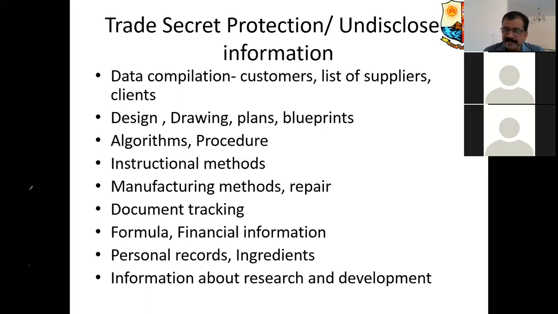It need not be registered. Of course, it can be registered as well. What are these trade secrets? Trade secrets are normally maintained by the owner of the business. Only he knows that product. Just an example I give you.